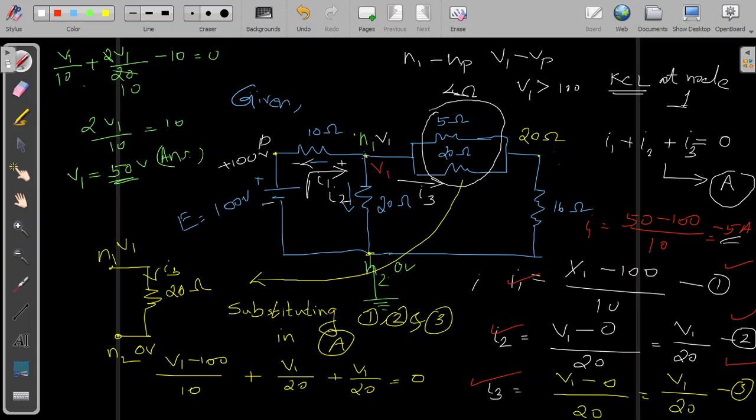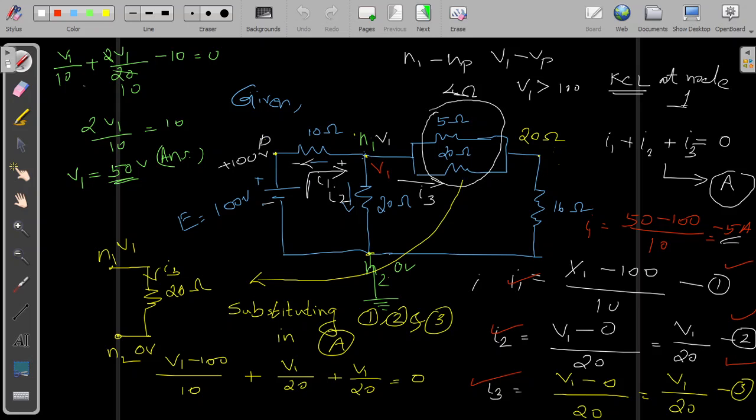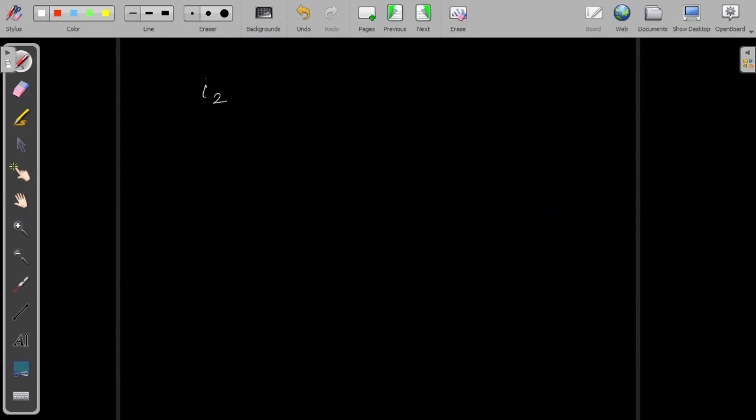This is the answer. Now I have the I2 equation: I2 equal to V1 by 20. V1 I have found as 50, so 50 by 20 is 5 by 2, that's equal to 2.5 ampere. I2 is positive, plus 2.5 ampere.